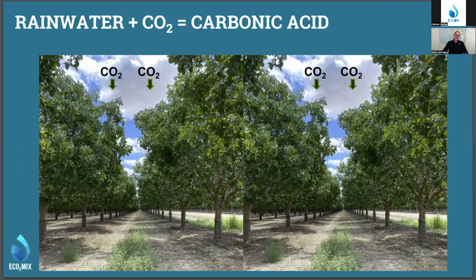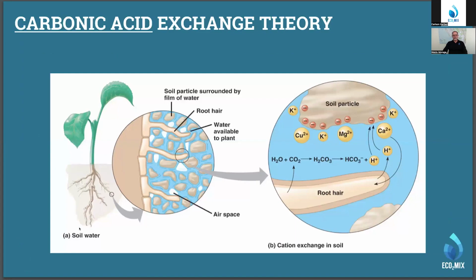It's also one of the methods that roots use to take nutrients from the soil. The plant releases carbon dioxide through the root hairs to make carbonic acid with the water present near the root zone. Then that carbonic acid donates a hydrogen proton to the soil particle to replace it with cations present.